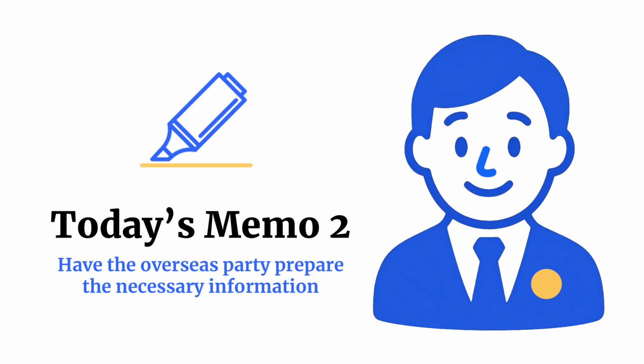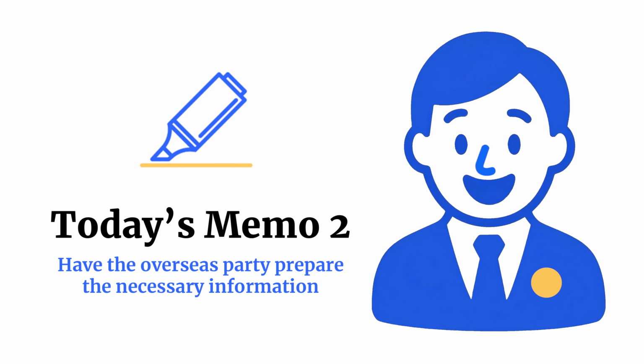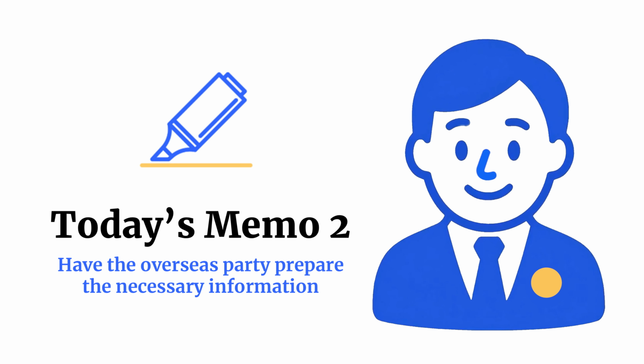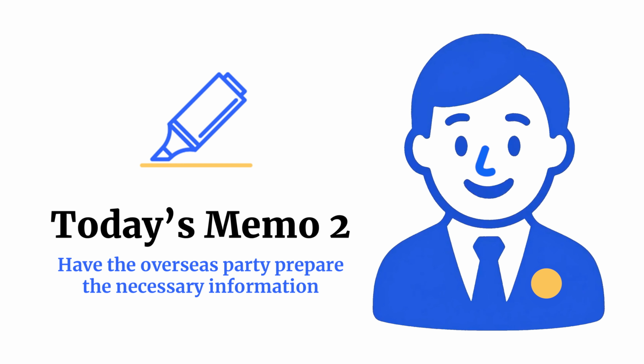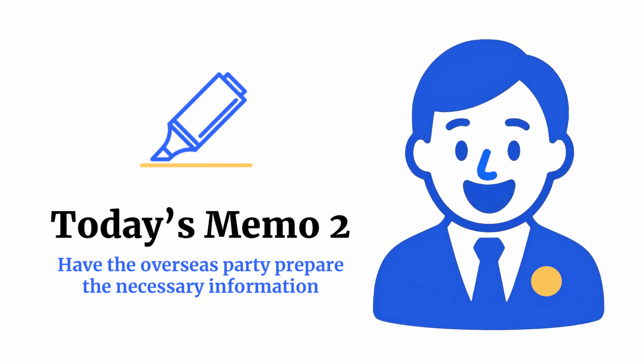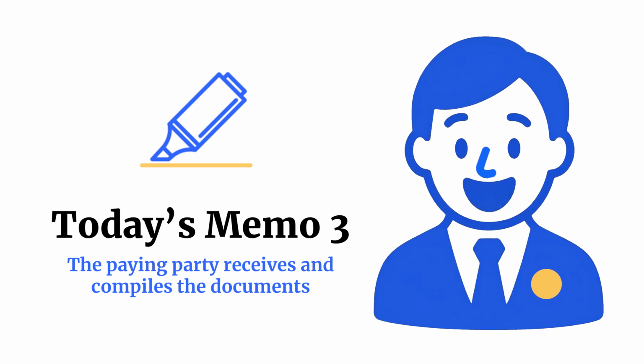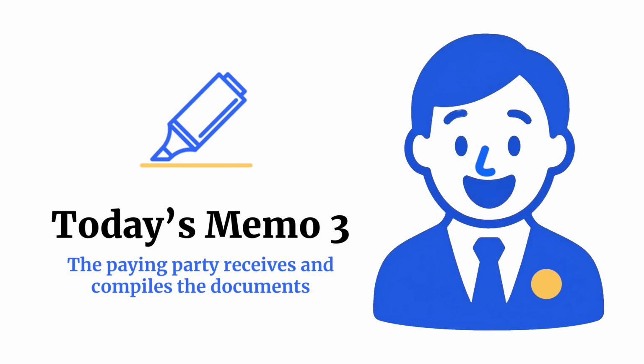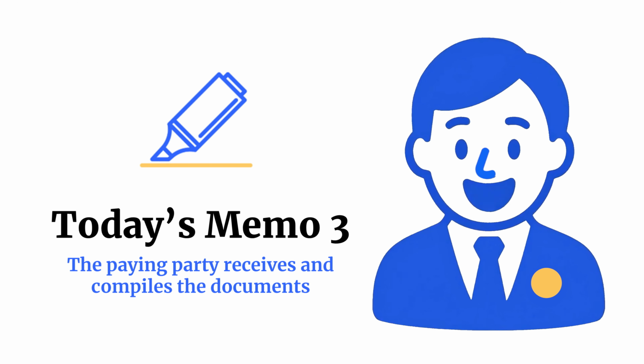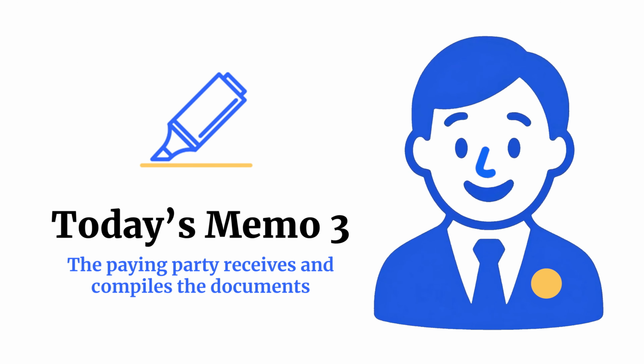Now, here is an extremely important point that you absolutely must know. Who do you think submits these documents to the tax office? It's not the overseas recipients receiving the money. Under the rules, the party making the payment in Japan is responsible for submitting it.